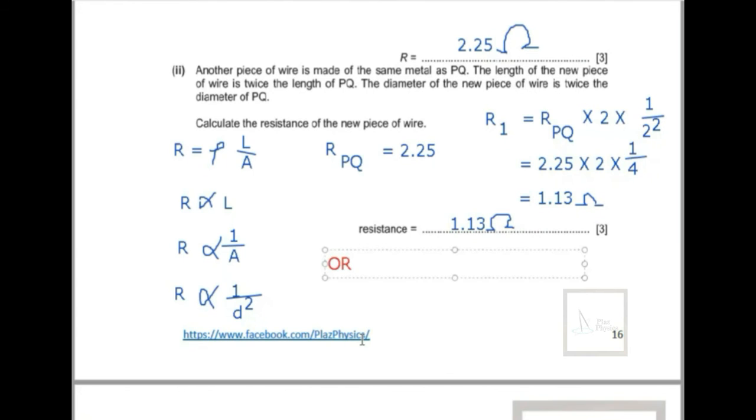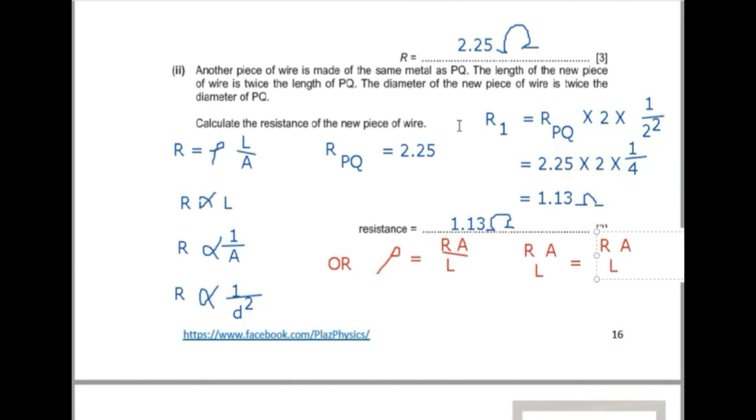Or you use the formula. So it becomes rho times area over L. The first wire equals the second wire. Then you substitute all the info, then can calculate. But remember to change the A to pi r squared. More complicated, this one.